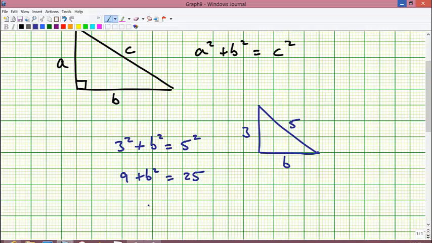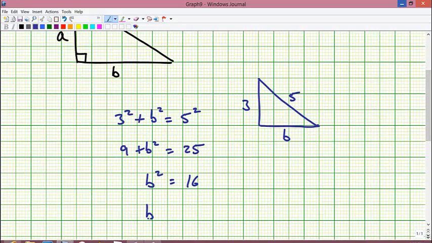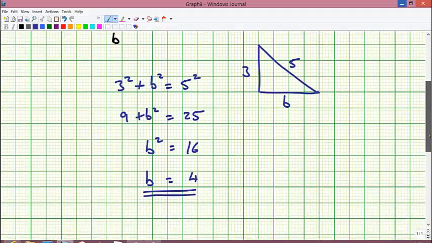Let's subtract, isolate b squared equals 16, and then b equals the square root of 16, which equals 4. Okay, so this is the very traditional, famous 3, 4, 5 triangle, and this is how we use radicals and use square roots to solve problems using Pythagoras.